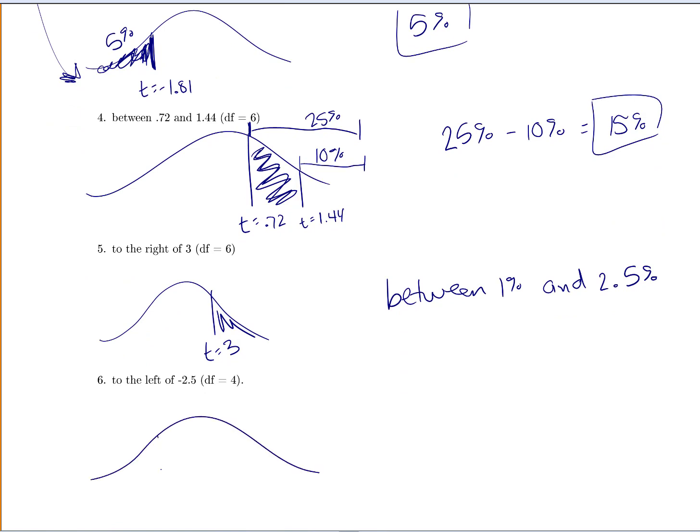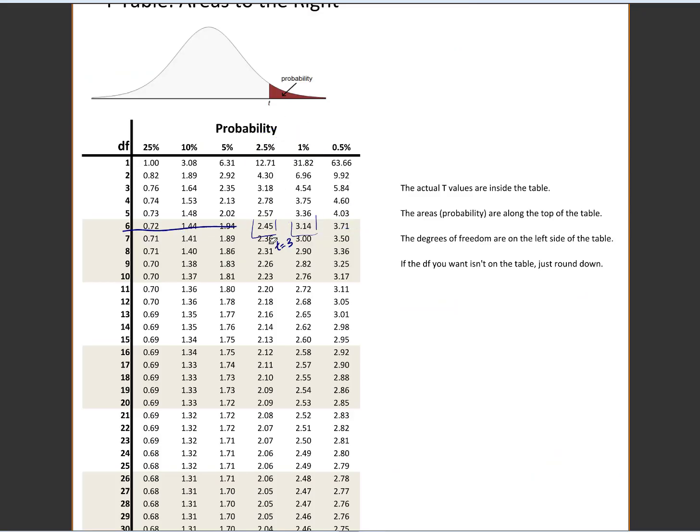And finally, what if we want the area to the left of t equals negative 2.5? Again, we can't look up the left, but we can say this would be the same as if I drew it out and said, here's t equals 2.5 and looked for the area to the right. So let's go look for 2.5 with 4 degrees of freedom.